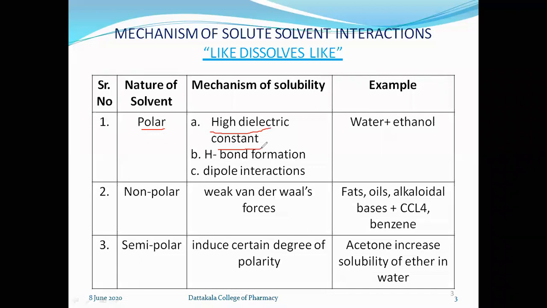So what do you mean by dielectric constant? What is it exactly? You know that the dielectric constant is a physical property. It is simply the ratio of the permittivity of the medium to the permittivity of free space.